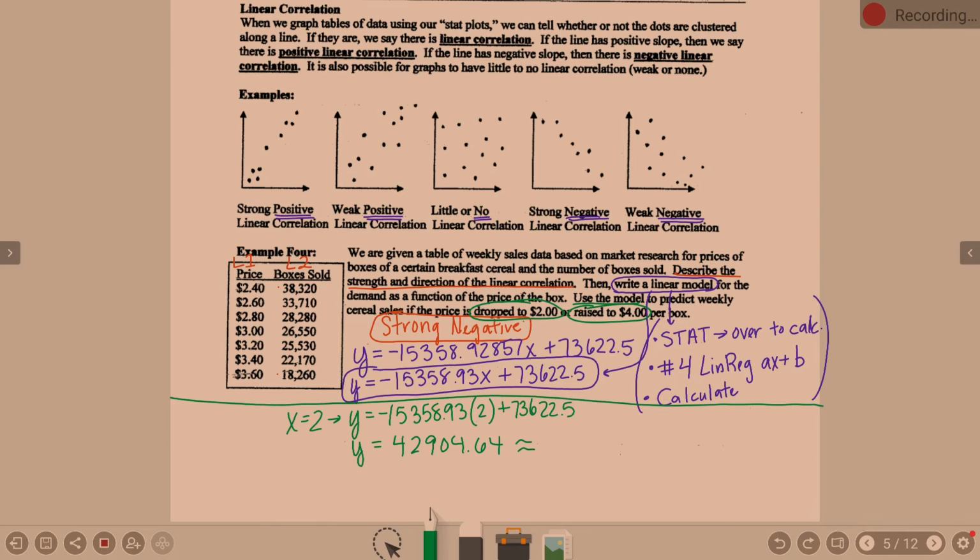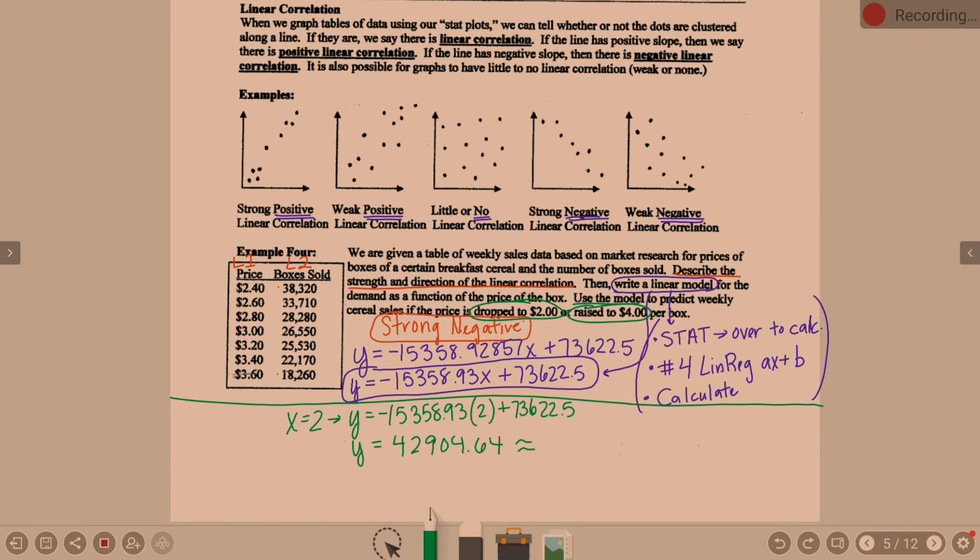I always just do second quit if I'm stuck somewhere and I want to get back to the main screen. Okay? Now, one option is I can do negative 15,358.93 times 2 plus 73,622.5, and I get that answer, yes?